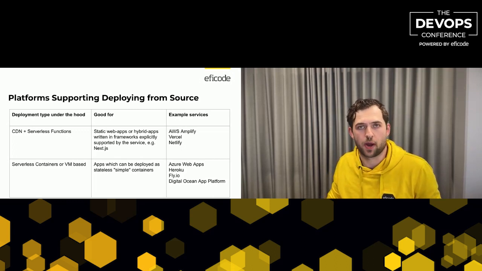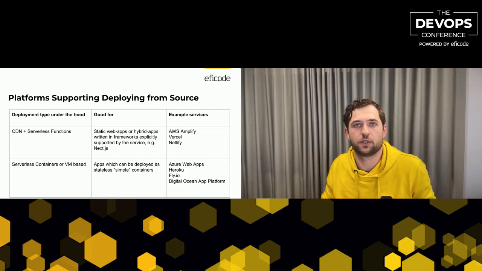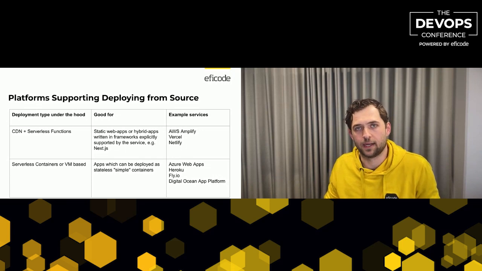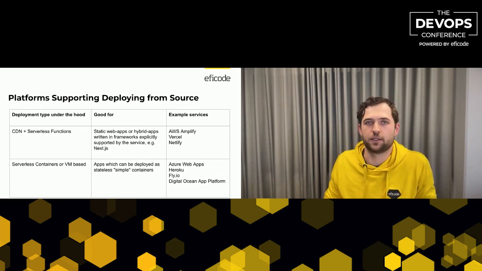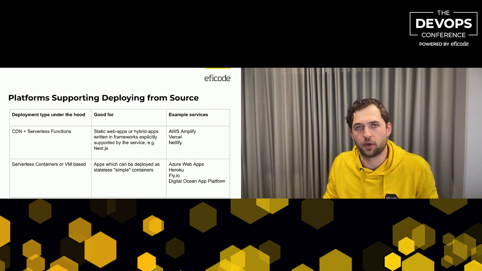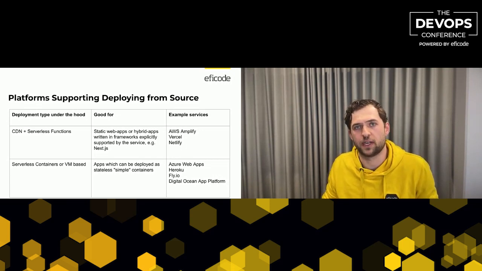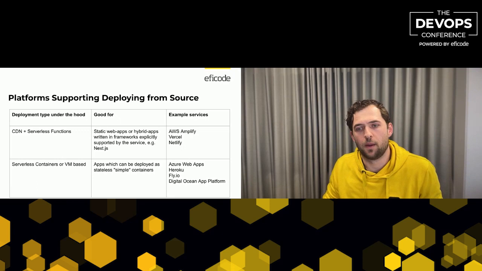This does require that your application in some shape or form builds into static resources and these serverless functions, which often means that it's easiest if you have a framework which supports it out of the box. There are relatively many frameworks which build static sites, but they're constrained. There are fewer which also do these serverless functions, but one popular one nowadays is Next.js.